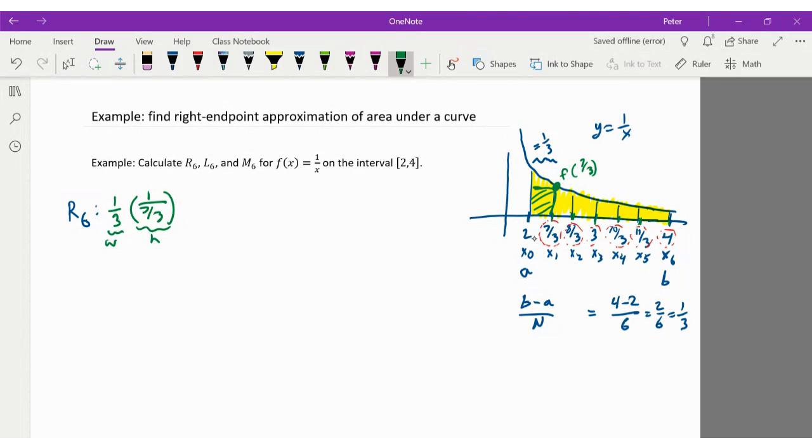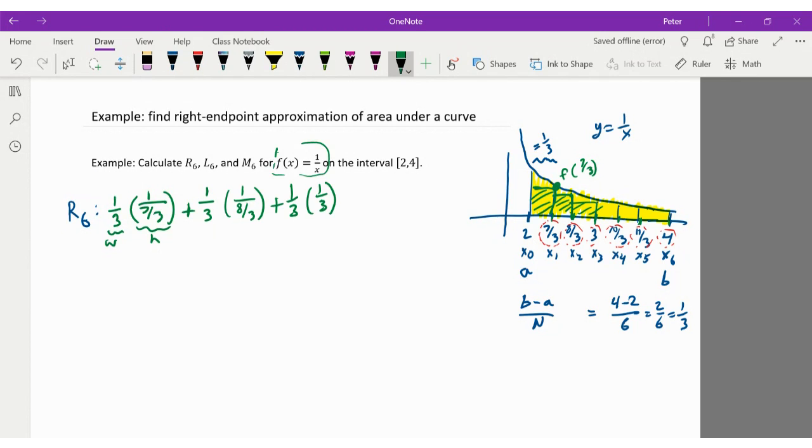And then we keep adding. 1/3 is still the width of the second rectangle. That doesn't change. And that's going to be 1/3 times 1 over 8/3 plus 1/3 times 1 over 3. I'm using 1 over these numbers because of what the function is.